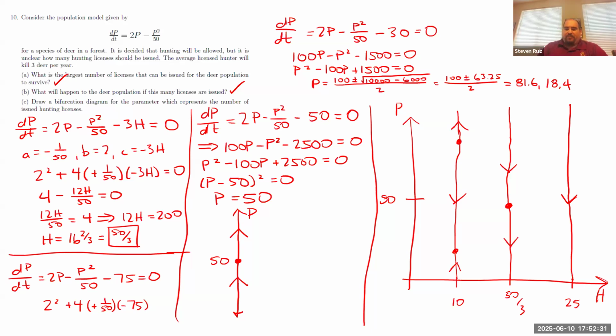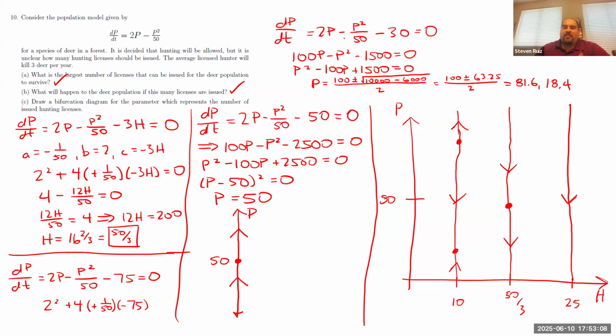Now I feel like I got to check everything. So in the case where I have 2 equilibria, I suspect that all 3 of these are flipped. So when h equals 10, do I still have any of that stuff written down? Yeah, I do up here. So 2p minus p squared over 50 minus 30. I found my 2 equilibrium conditions at 81.6 and 18.4. So I plugged in 100 for p.